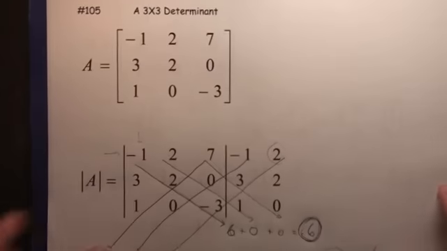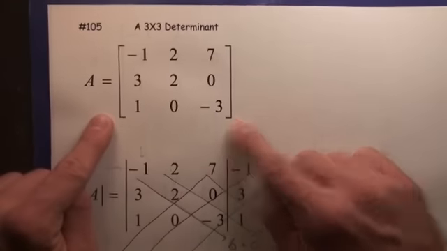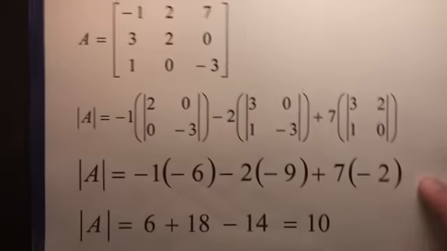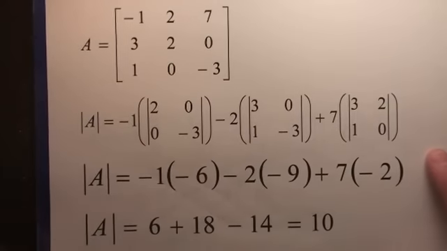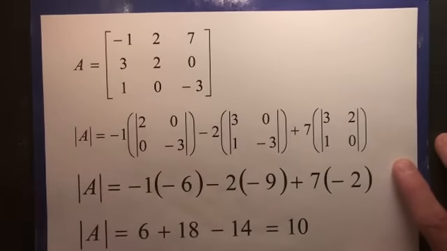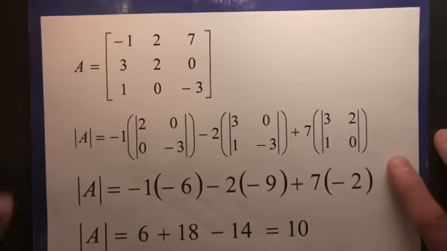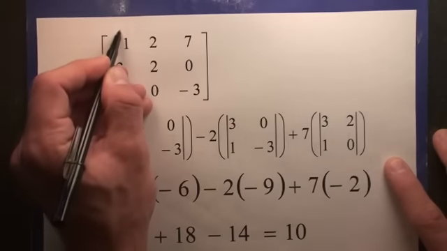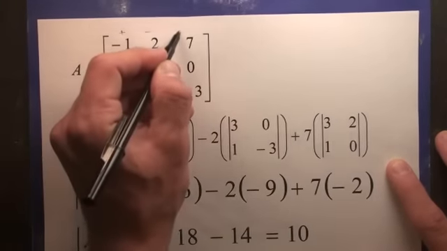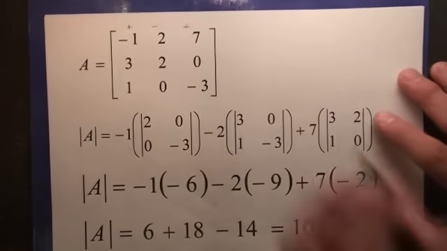Let's move on and do the same determinant, but finding the determinant in a different way. Here we go. This way would be by using the row 1 cofactors, as these are called. Now the pattern goes like this, and this is going to help us later on in other videos. It goes plus, minus, plus inside the 3x3 for the first row.